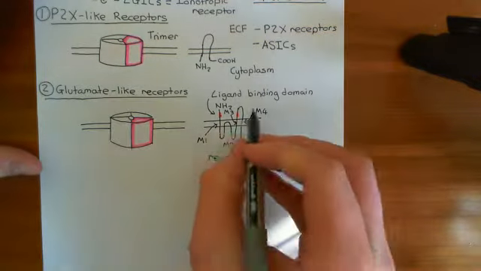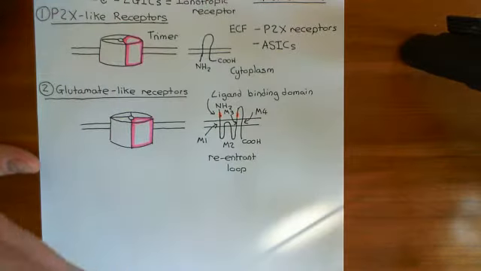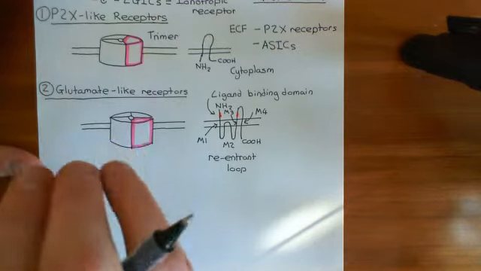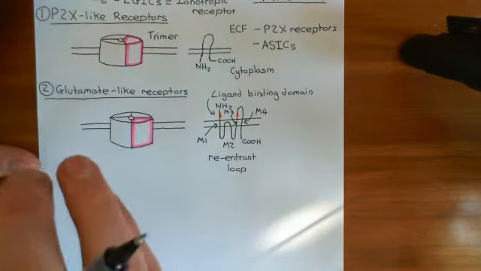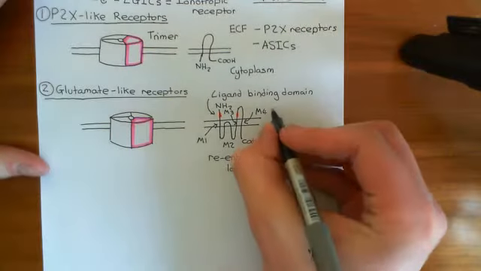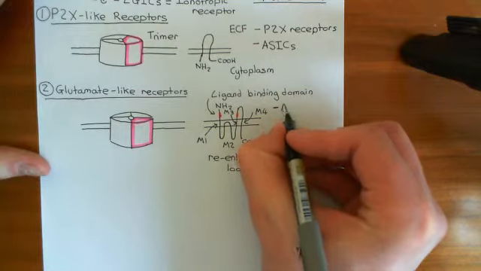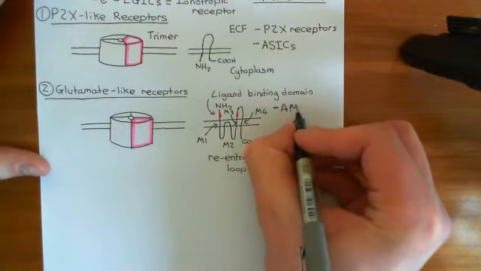So you take 4 of these subunits, stick them together, and that will make you your ligand-gated ion channel. What we now want to see is what examples of receptors would fall into this category. Firstly, the AMPA glutamate receptors.